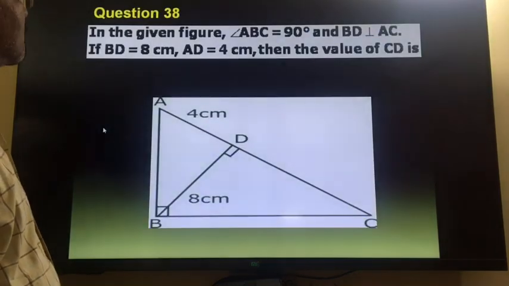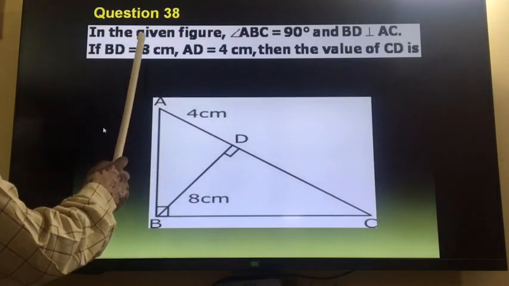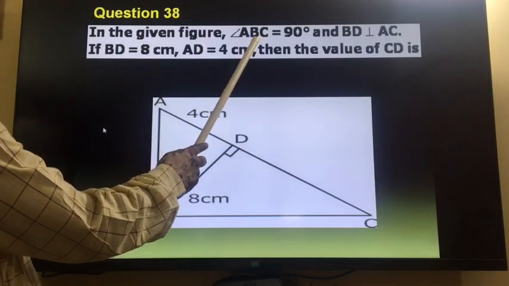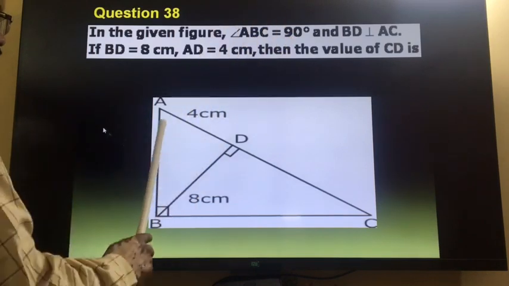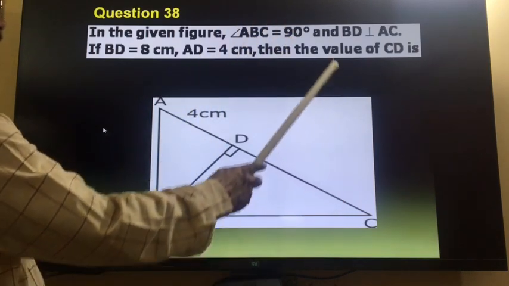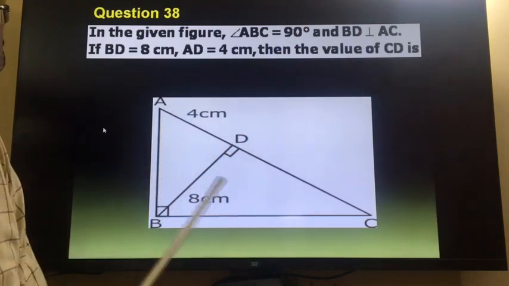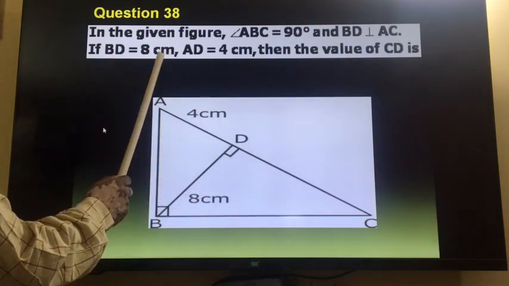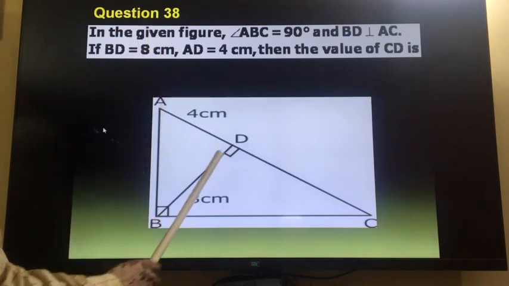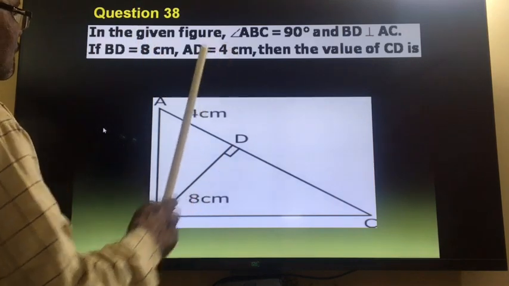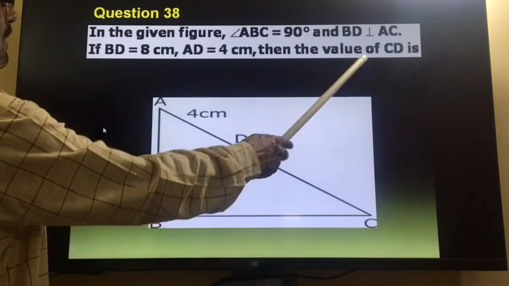Now come to question number 38. In the given figure, angle ABC is equal to 90 degrees, and BD line is perpendicular to AC. If BD is equal to 8 centimeters, AD is equal to 4 centimeters, then what is the value of CD?